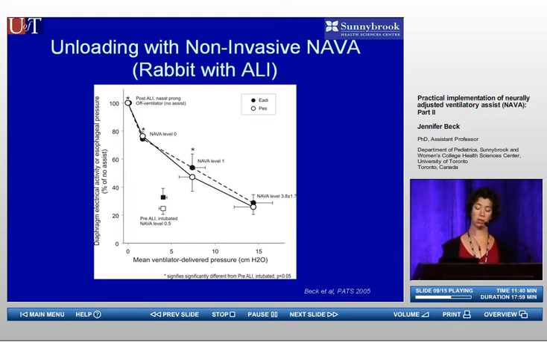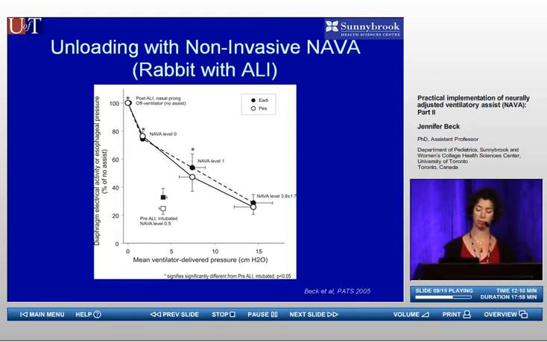We've plotted these values as 100%, because we took the animal off the ventilator completely to get the maximum diaphragm activity and the maximum esophageal pressure swings. So we called that 100%, and then as we progressively increase the NAVA level, you can see that the diaphragm electrical activity and the esophageal pressure are progressively going down, indicating that we're actually achieving respiratory muscle unloading.